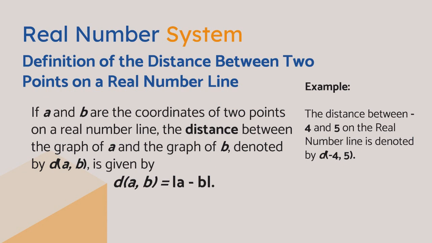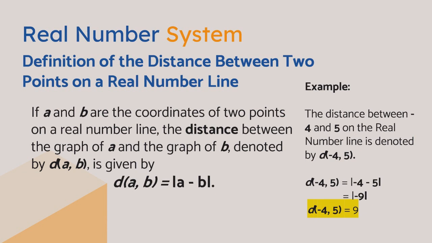Using the formula, you get the absolute value of the difference between negative 4 and positive 5. And that is the absolute value of negative 4 minus 5. And we know what negative 4 minus 5 is, and yes, you got it correctly, that is the absolute value of negative 9. So the distance between negative 4 and 5 is 9.